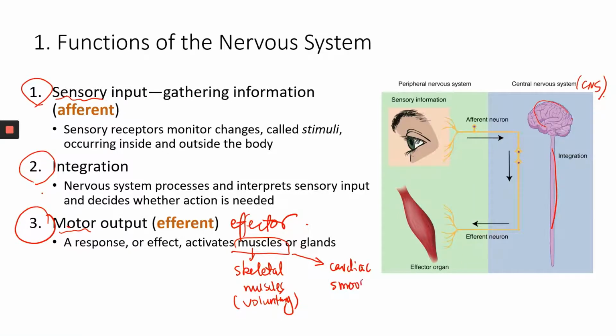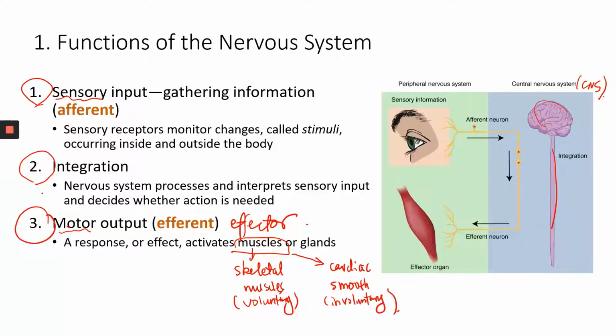All right, so the motor output can also go to these two types of muscles, but it's going to be under involuntary control, meaning you cannot control them consciously. So this all happens without you consciously knowing that. It's done automatically by your nervous system.